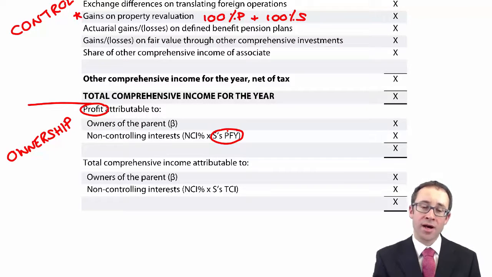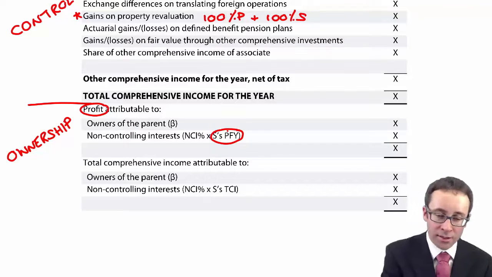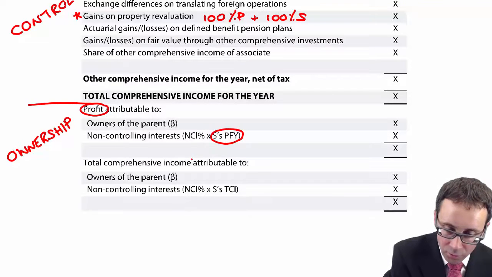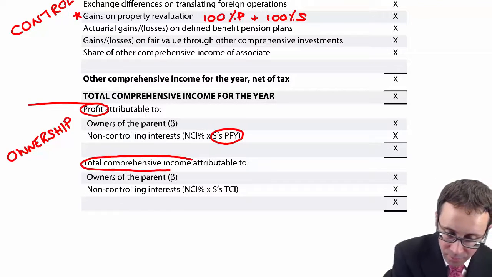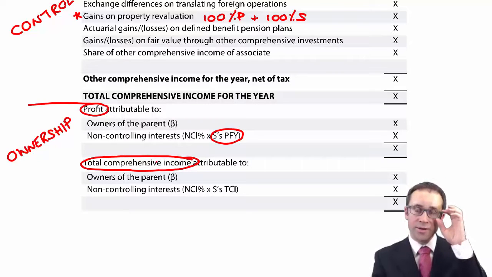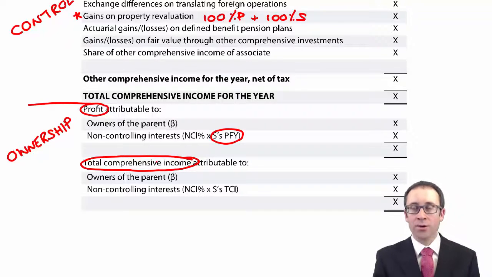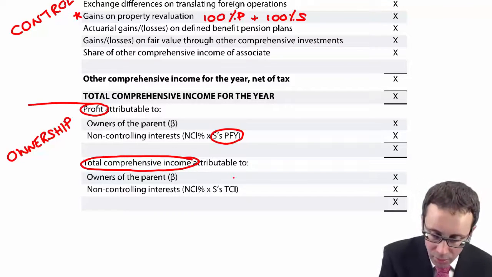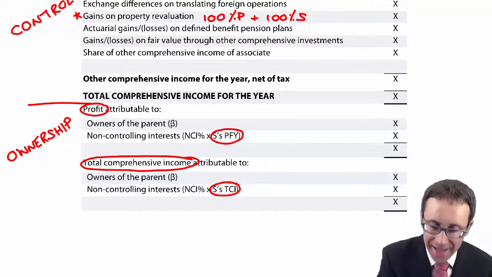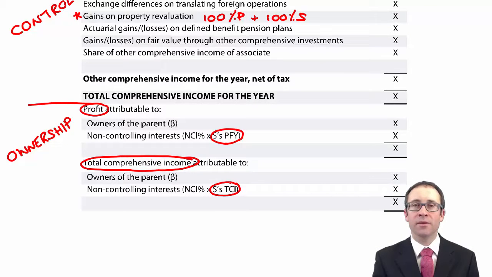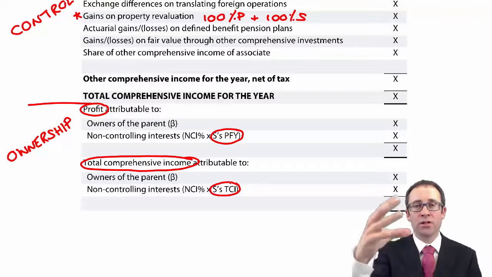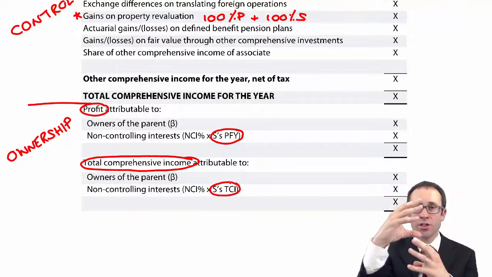But now what you have, a little bit extra, is that as well as the profit, you also need to split out the total comprehensive income. So you take the non-controlling interest share and multiply that by S's total comprehensive income, which is S's profits plus S's OCI.